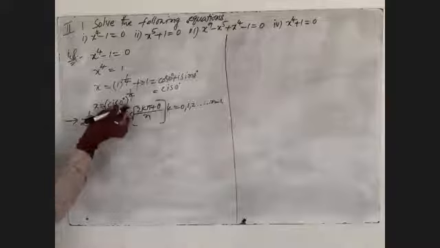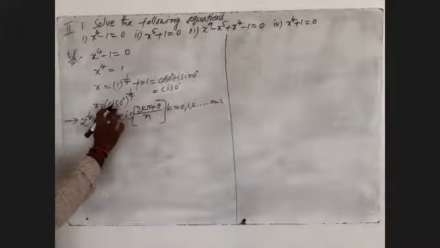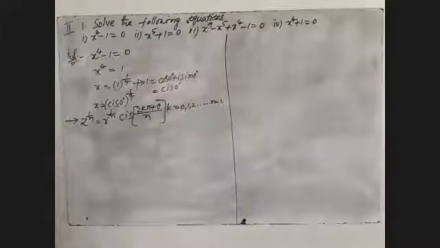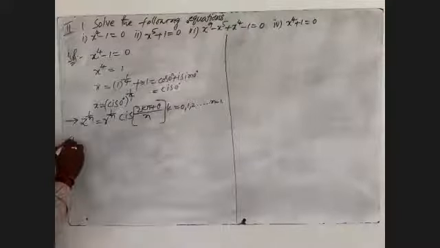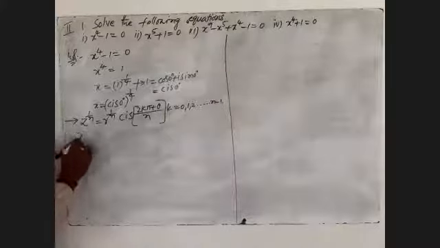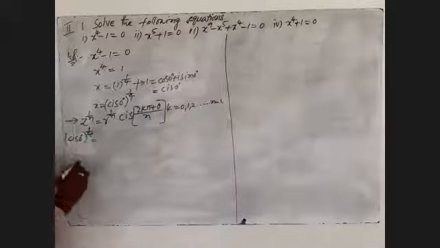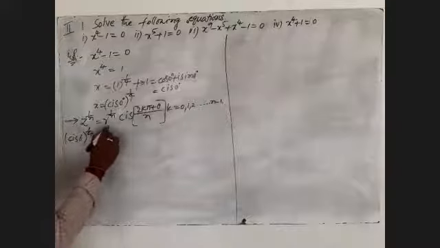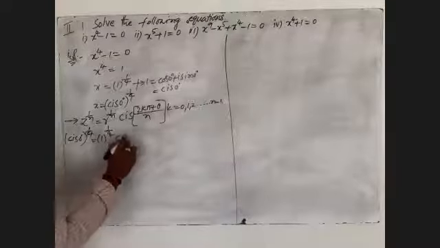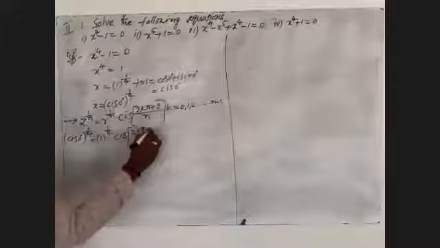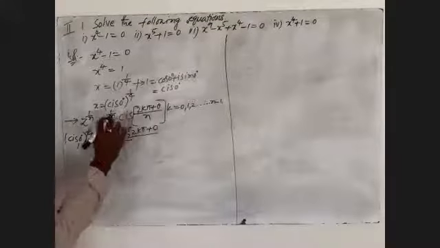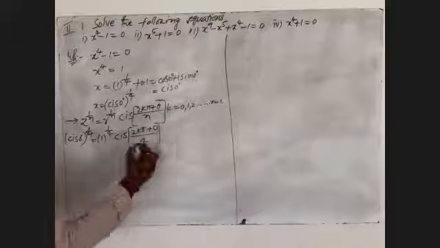What about the value of z here? This is z, cis of 0 whole power 1 by 4. There is no value of r, so 1 power 1 by 4 into cis of (2k pi plus theta) by n, where theta is 0 degrees and n is 4.